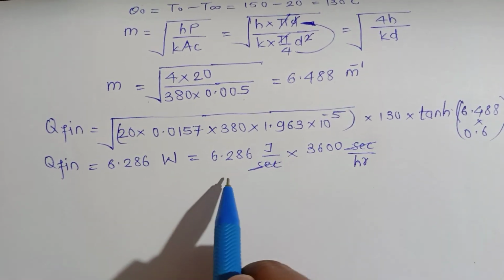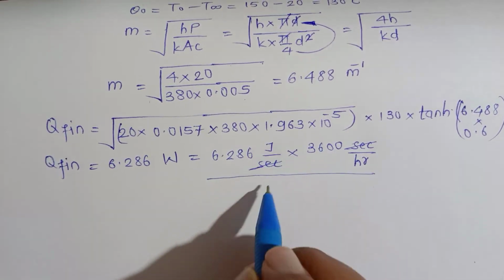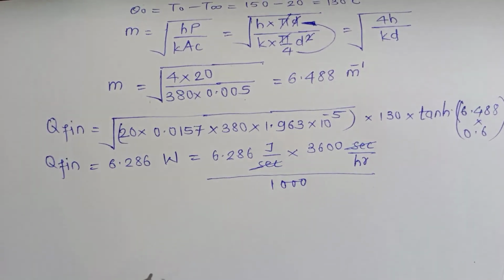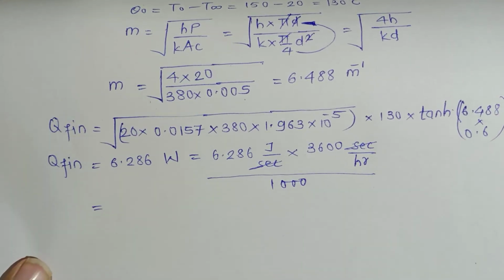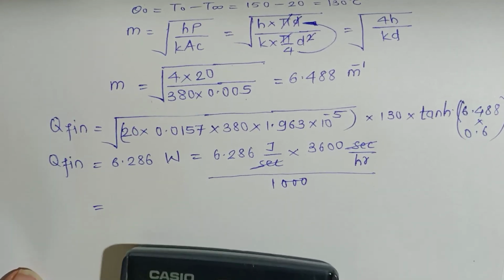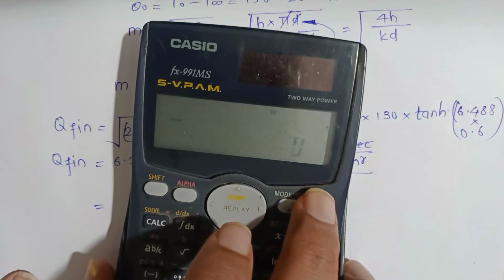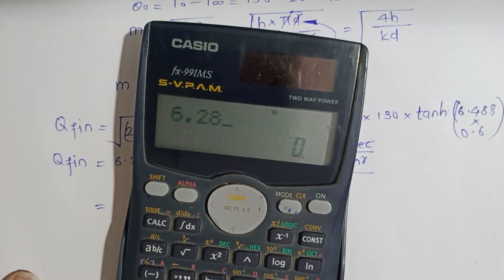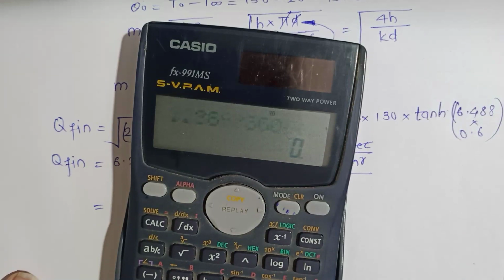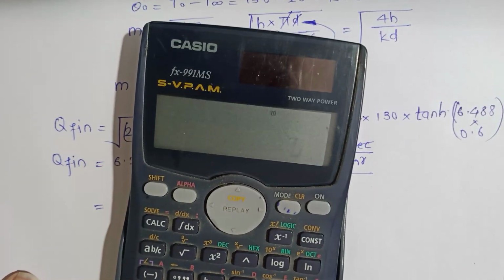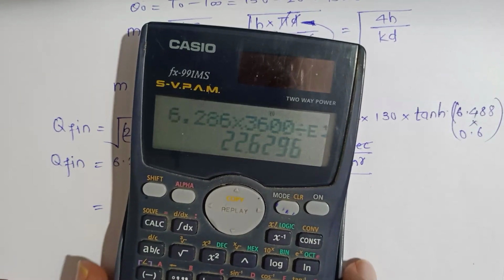We want it in kilojoule, so we have to divide this by 1000, so that we will get it in kilojoule per hour. So I hope this explanation is clear to you. So this 6.286, let us do it in the calculator. 6.286 multiplied by 3600 divided by 1000, so that gives you 22.629.